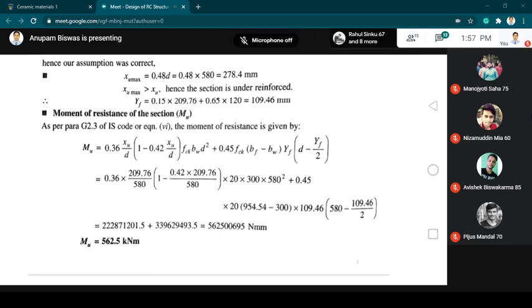Consider the same problem, and only change the value of reinforcement. Instead of 8 bars of 20 dia, you consider 25 dia.